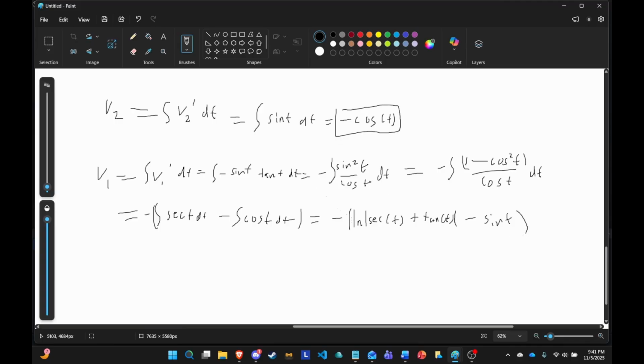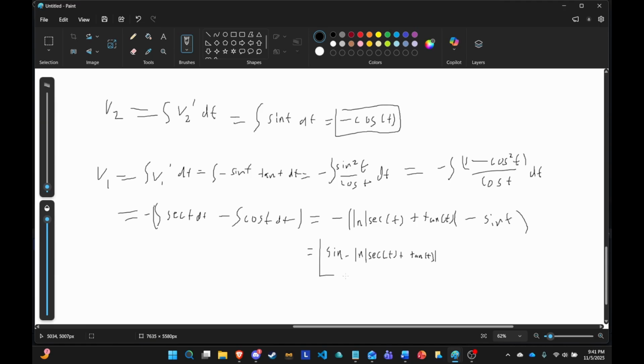And then for simplicity's sake, I'll distribute the negative. Our final answer for v1 is sine of t minus the natural log of the absolute value of secant t plus tangent t.